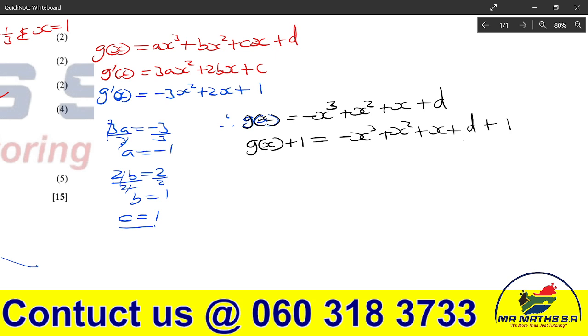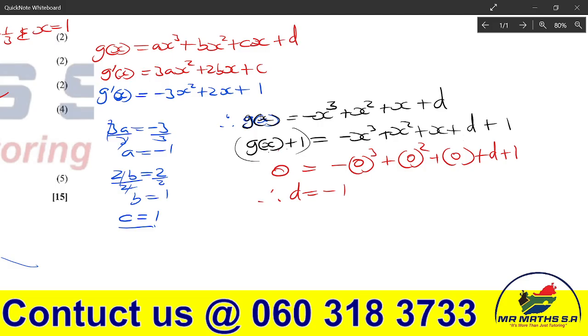In this new graph, when x is 0, y is also 0. Which will be plus d plus 1. Then we can solve for d by transposing 1 to the other side. Therefore, d will be equal to negative 1.